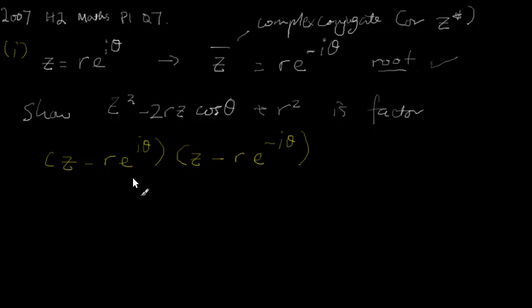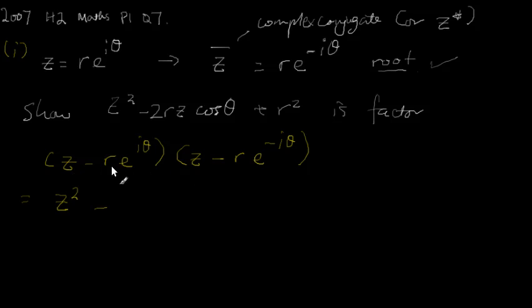Now if you have done some exercises on expanding such expressions, you might see that when you expand this and simplify, you get exactly this. Let me run through this. If I expand, z times z is z².